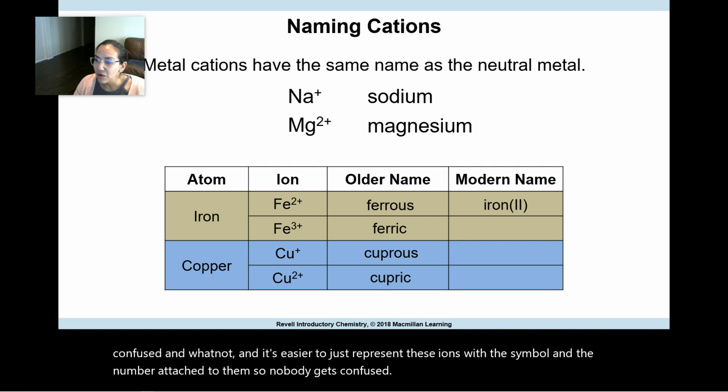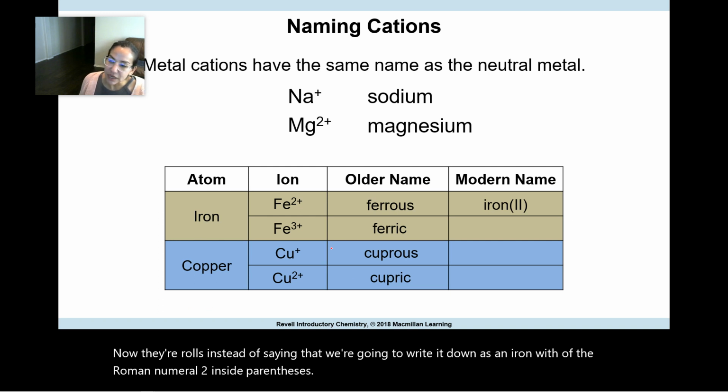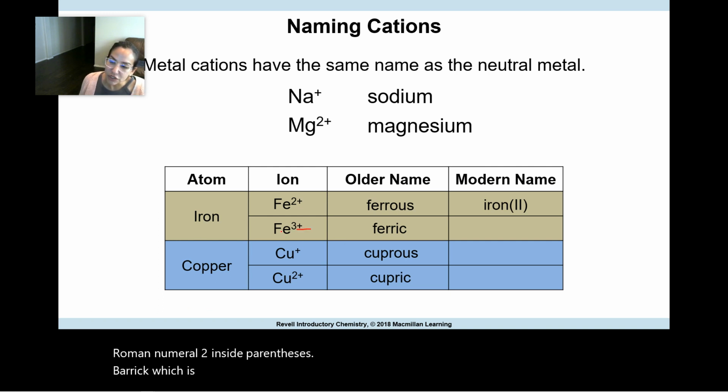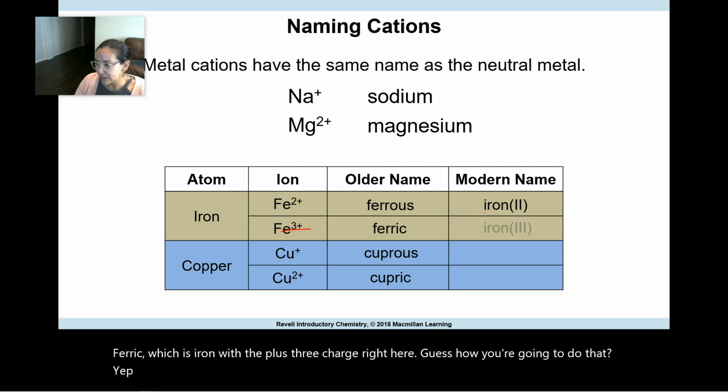So now ferrous, instead of saying that, we're going to write it down as an iron with the Roman numeral 2 inside parentheses. Ferric, which is iron with the +3 charge right here. Well, guess how you're going to do that? Yep, iron, parentheses 3.